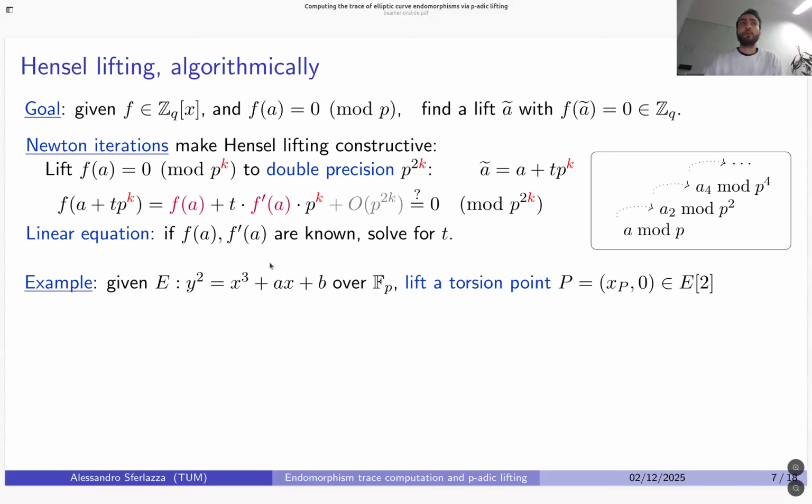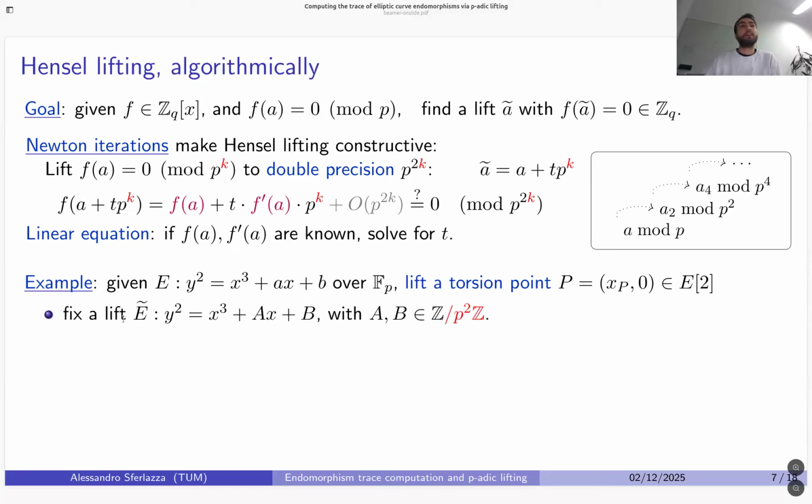And to be even more concrete, let's take an example. Given an elliptic curve, we've got a point of order 2. So basically, an x-coordinate whose corresponding y-coordinate is 0. And we want to lift that.